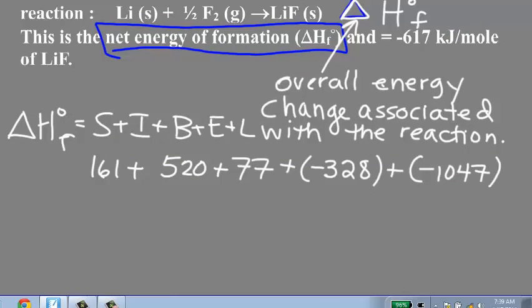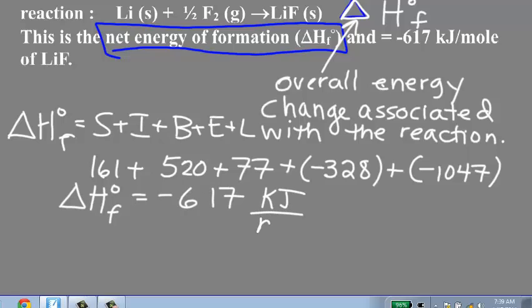So to get the overall energy of formation, the overall energy change associated with this whole process, you just simply add them. And you get negative 617. And that's kilojoules for every mole of LiF.